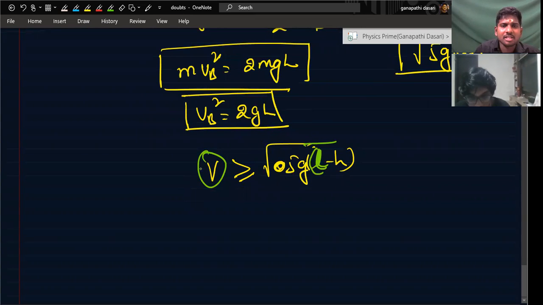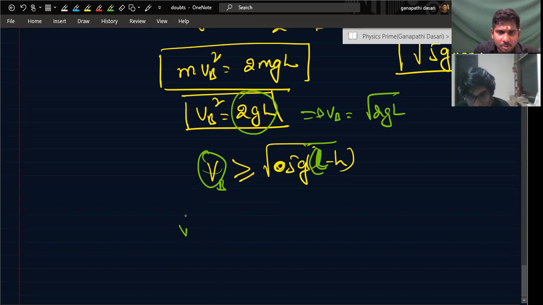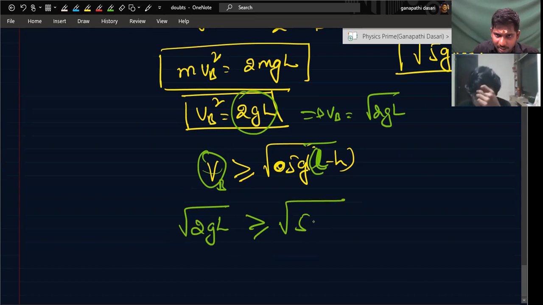But what is the velocity you got at that point? Root 2gl, right? vB is equal to root 2gl. That means root 2gl is greater than or equal to root 5g into l minus h. If I square on both sides, the root can be cancelled.